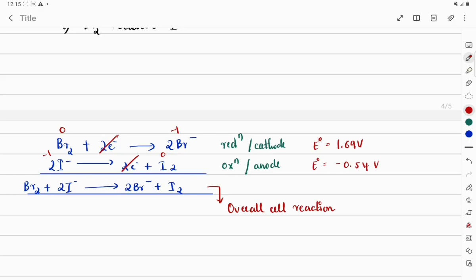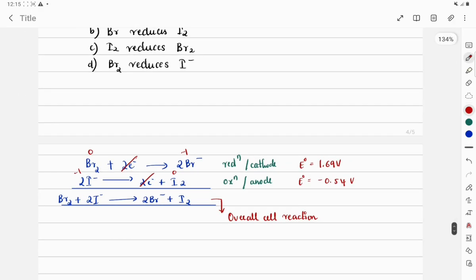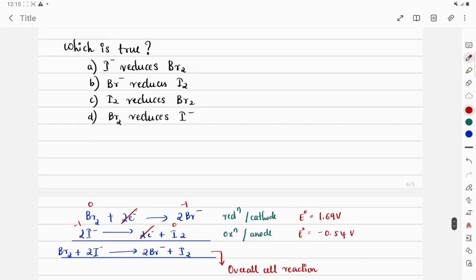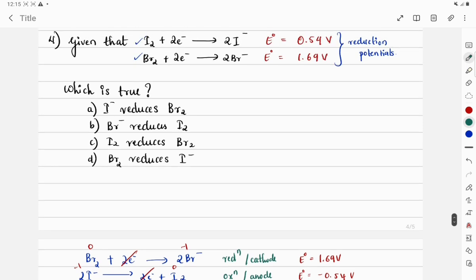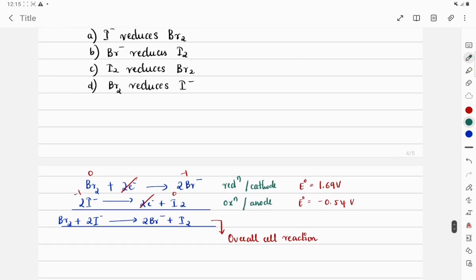Now from this, can we choose the correct option? The options are: I minus reduces Br2, Br minus reduces I2. But one thing we know clearly from the question is which one is being reduced. The cathode is the one that will undergo reduction, which means bromine is being reduced here.